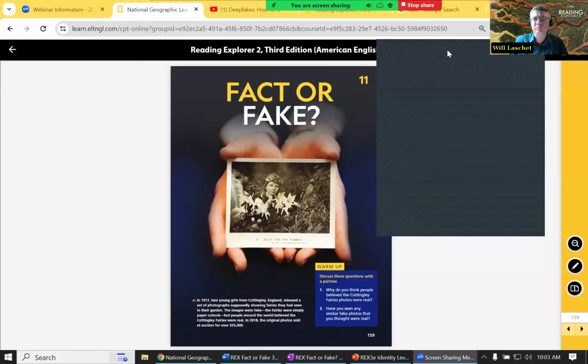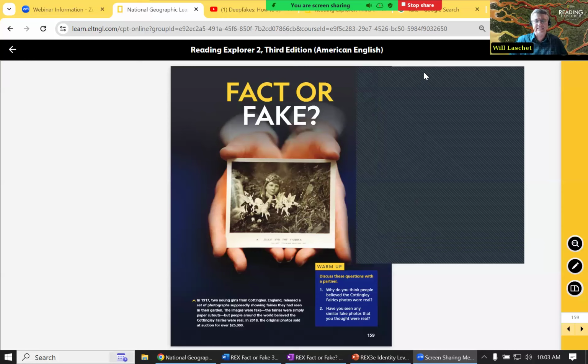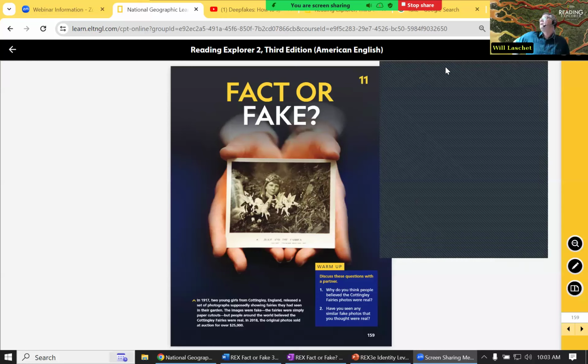Can anyone tell me what this word fake means? So fiction, when we talk about fiction, it is like a movie or a TV series or a story, where we make up a story that's not real. Yeah, so fact or fake, we use this to mean false. Or another word beginning with G. It's not beginning with G. Can anyone tell me what that is?